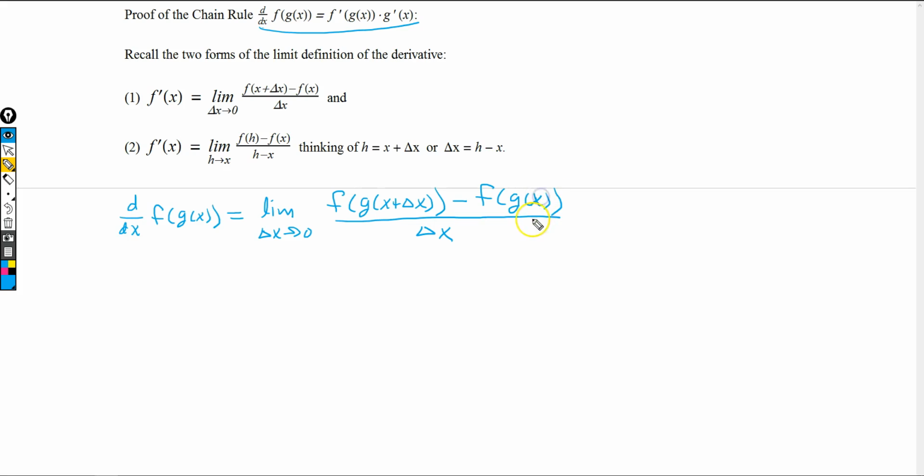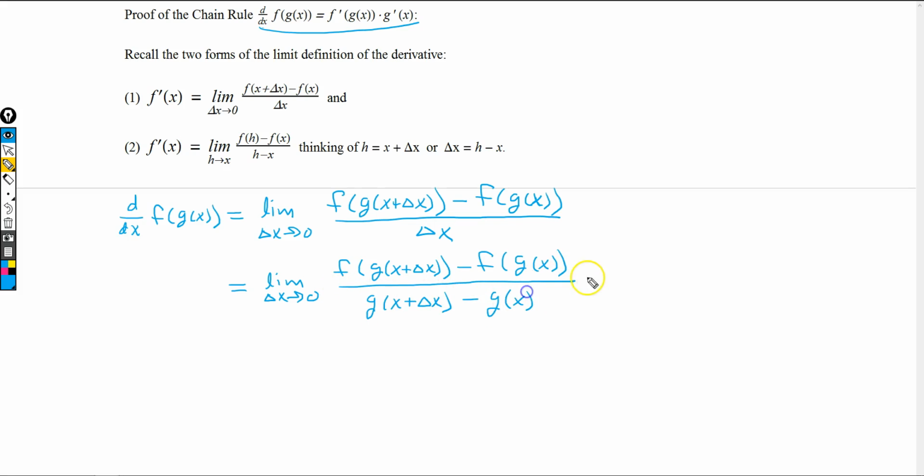We're going to multiply in and divide back out by the same thing. So you see, all we did is we multiplied in by g of x plus delta x minus g of x, and we divided back out by the exact same thing. So these two terms here actually would cancel, and we would recover this.